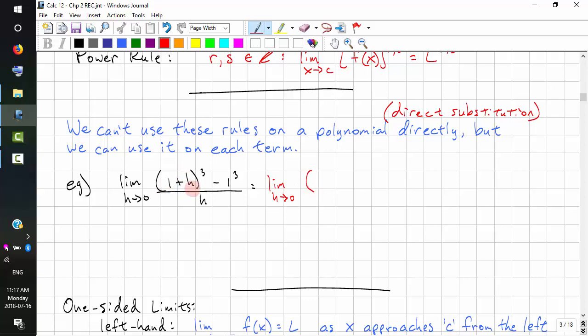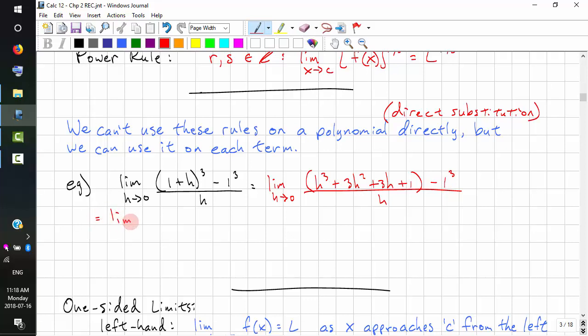And again, I'm going to rearrange it so that h comes first. h cubed plus 3h squared plus 3h plus 1, minus 1 cubed. And that's all over h. Okay, so the 1 cancels out with the minus 1.